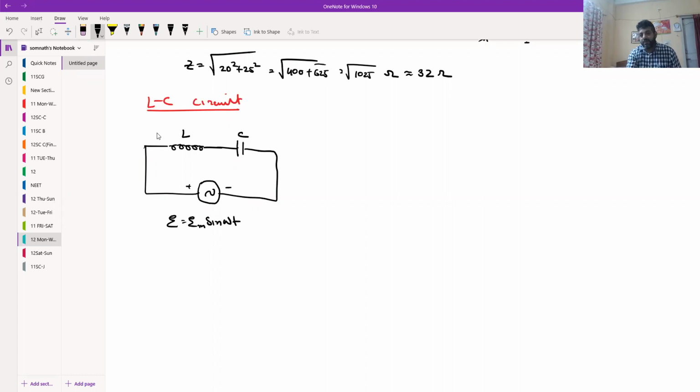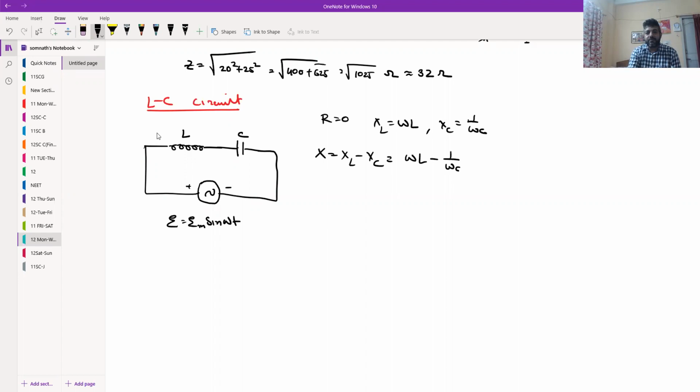So first of all, my R is 0 and XL is omega L, XC is 1 by omega C. So X is XL minus XC, omega L minus 1 by omega C.